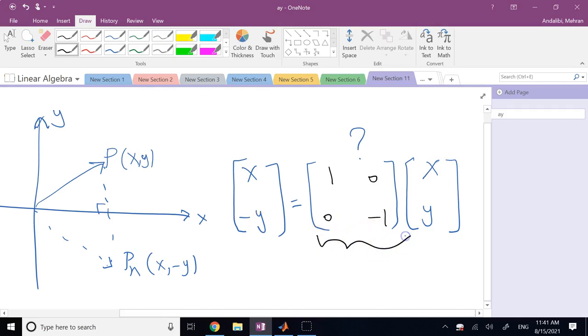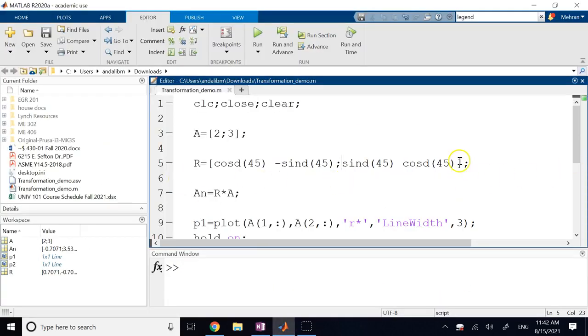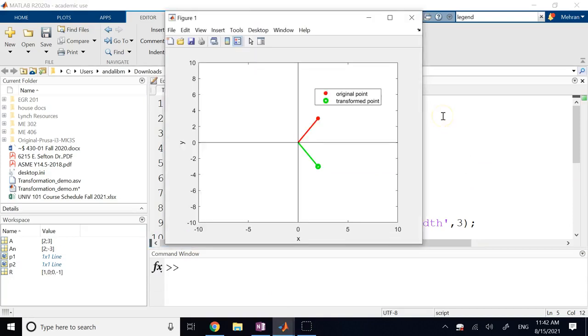So this is going to be the reflection or mirror with respect to x-axis. Right? That's all it is. 1, 0, 0, negative 1. Let's do it. So here, 1, 0, 0, negative 1. That should mirror it with respect to the x-axis. And there we go. You can see that.